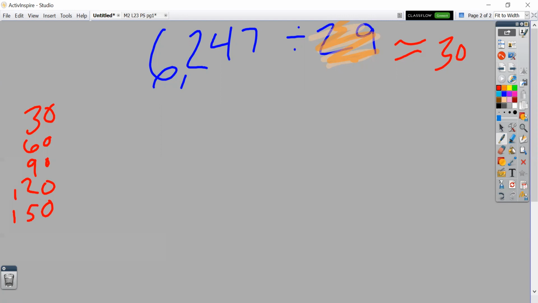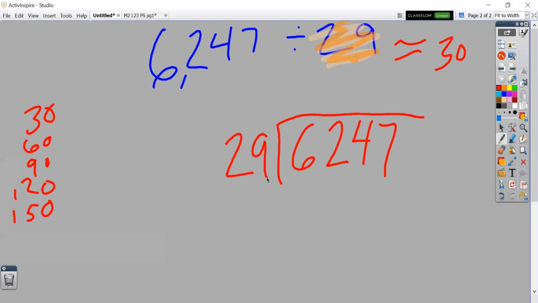So let's go ahead and write 6,247. Whoops, that's not a 7. And that's our dividend. It goes inside the division bracket, and we're dividing by 29. Now, 29 has 2 digits in it.